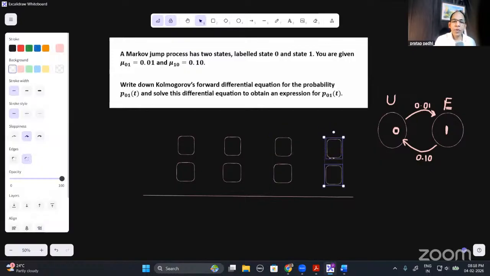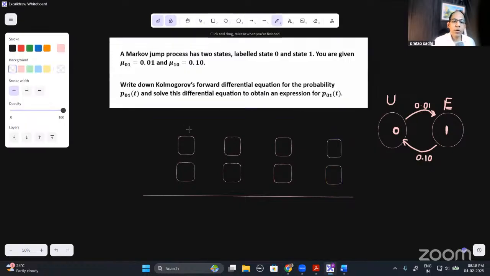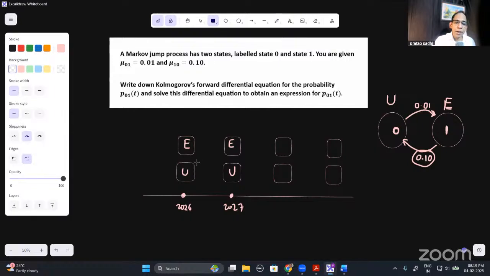That means what they're saying, from unemployed to employed. Here unemployed, here employed. You decide your time period. Suppose this is 1 year, 2026 to 2027. So the transition intensity is 0.10. That means in a small time period, when you write mu, because mu ij's are not probability.